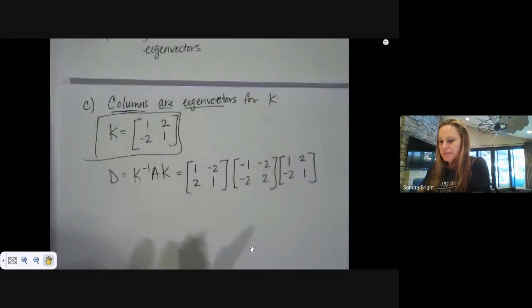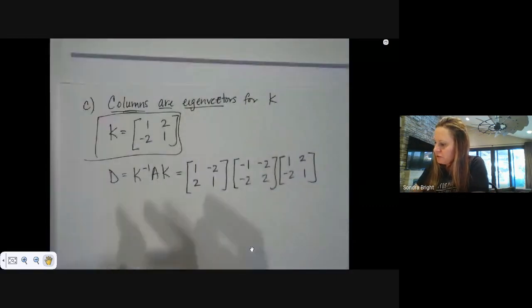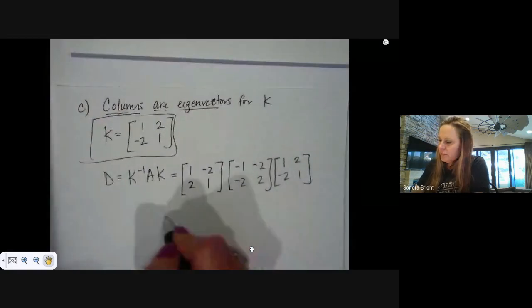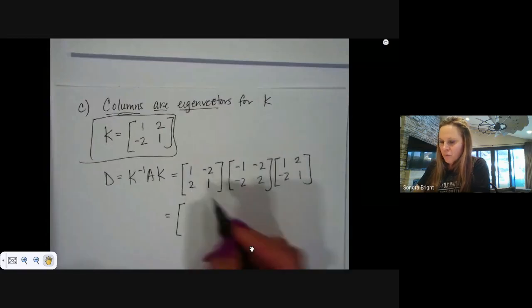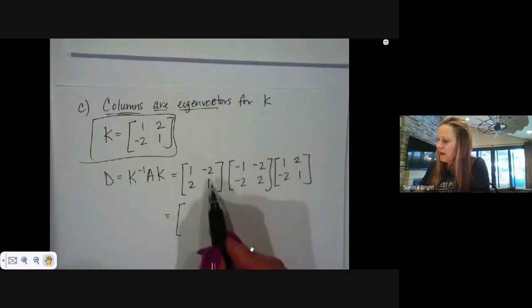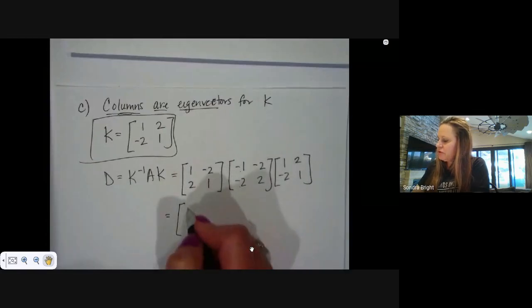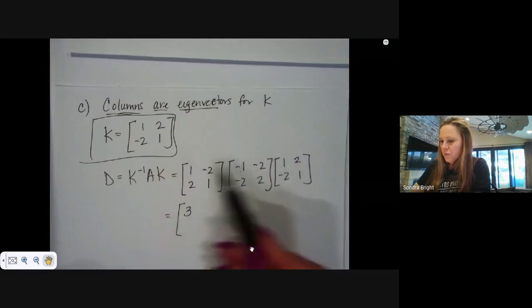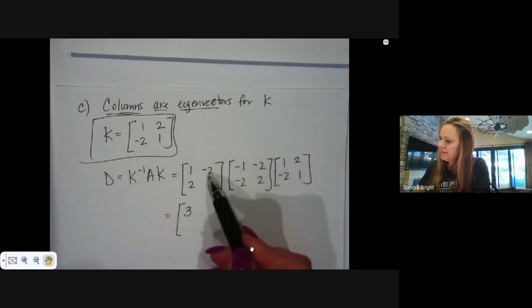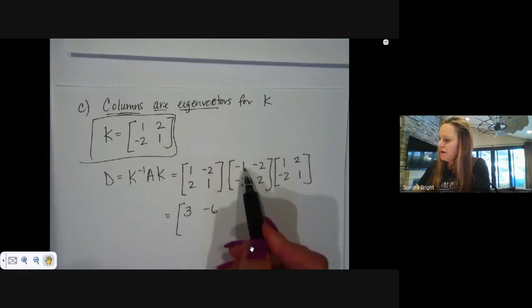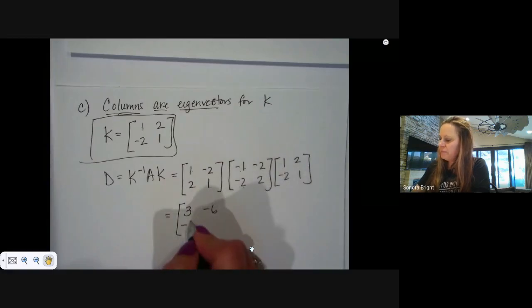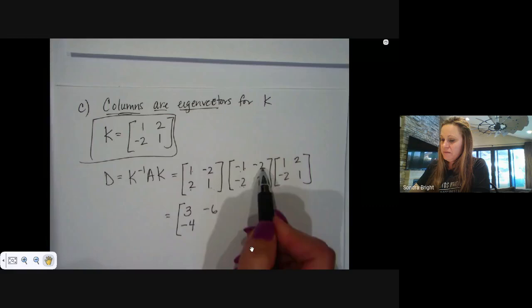Now, what do we do next? Let's multiply them. I'm going to multiply the first two first. They're all 2 by 2, so you'll have a 2 by 2. So you get -1 plus 4, which will give you a 3. We've got -2 plus -4, which gives you a -6. -2 plus -2 will give you -4. And then -4 plus 2 gives you a -2.